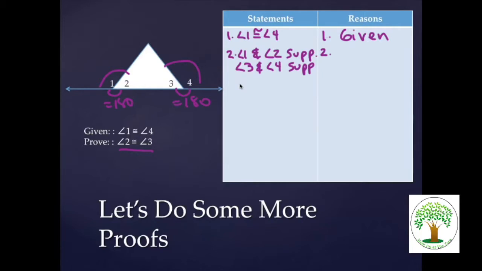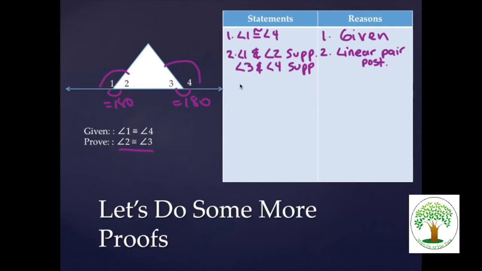Linear pair. Linear pair what? Postulate. Okay, the linear pair postulate says that linear pairs are supplementary.